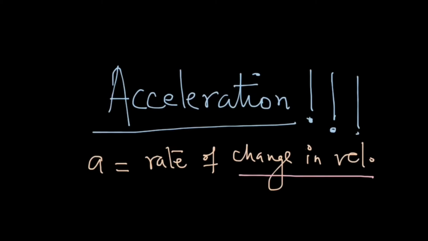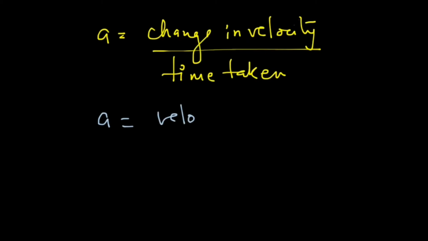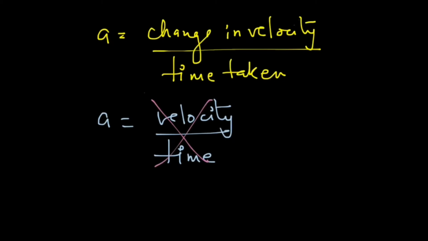If I write it in terms of a formula, we will get a equals the change in velocity upon the time taken. Oftentimes you will see people write acceleration a equals velocity upon time. This is not correct. This is wrong.